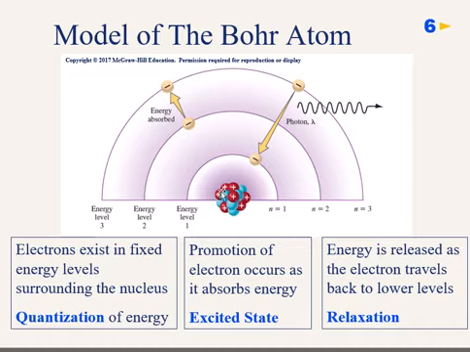And what the Bohr model of the atom told us is that different atoms have different quantization or quantities of energy between these levels. Hydrogen atom energy levels are unique, then helium atom energy levels are also unique, and so on. And that's why when an excited electron comes down to a lower level, it produces its own unique wavelength.